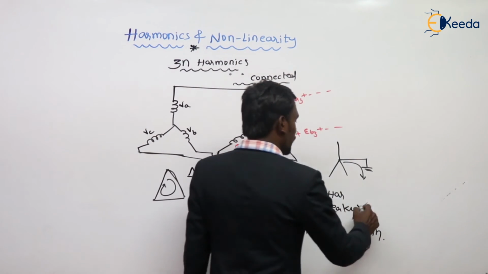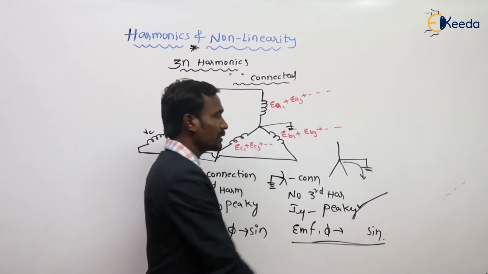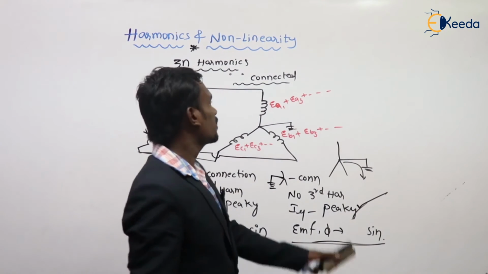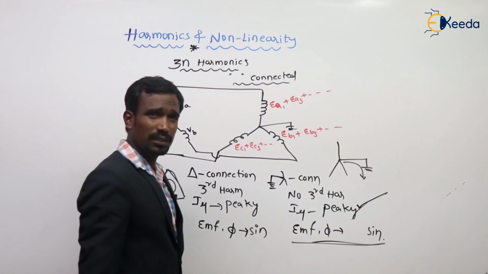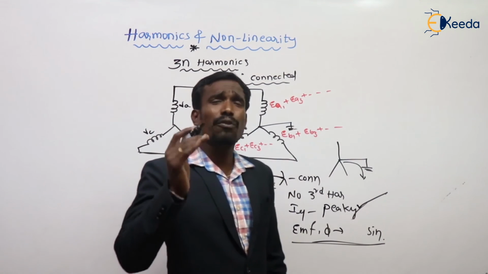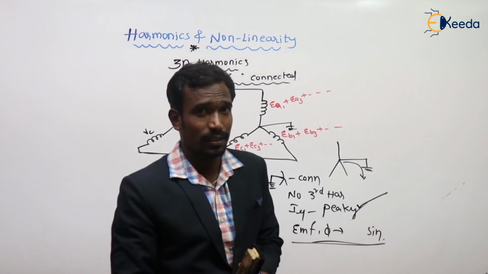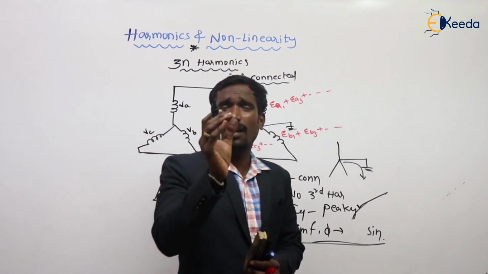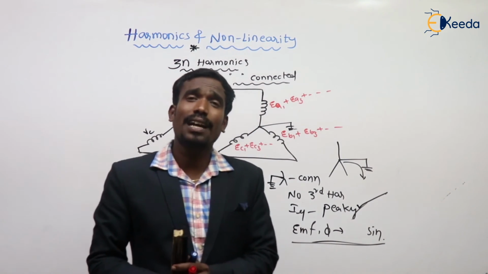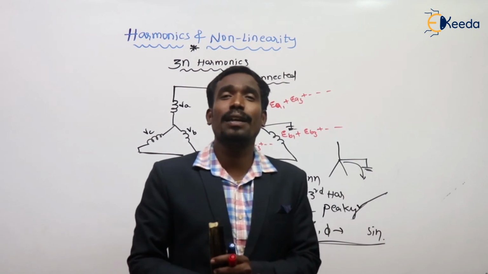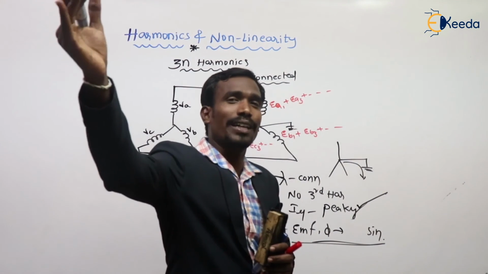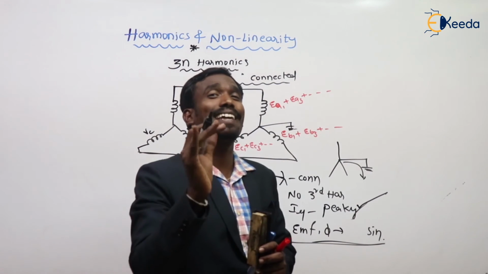This is the effect of harmonics. Are you getting it or not? So simply, the main conclusion is that if the third harmonics are present in the transformer, then the EMF is sinusoidal and I mu is a peaky wave.